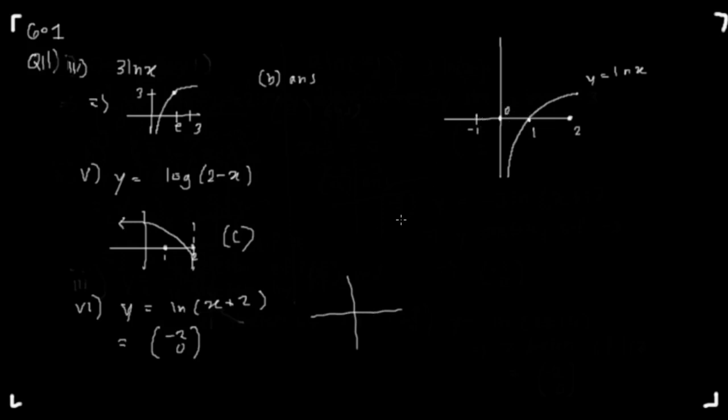Right? So it would be here. So minus 1, minus 2. And this would be D, I think. Yeah, D. So this is the last for the graphical portion.